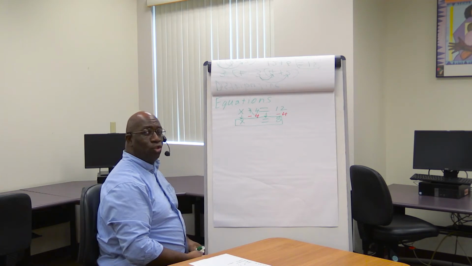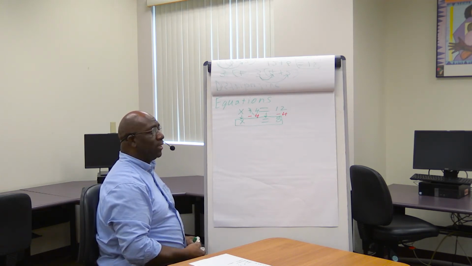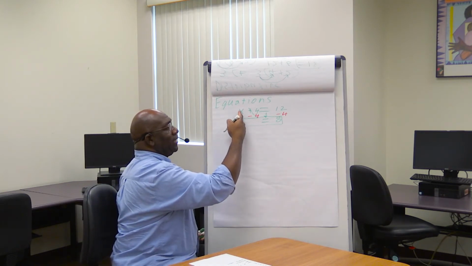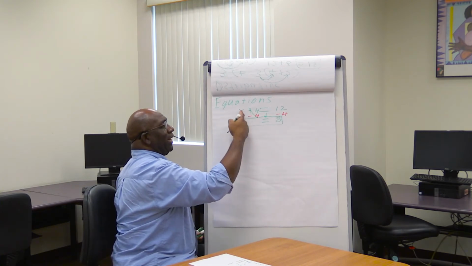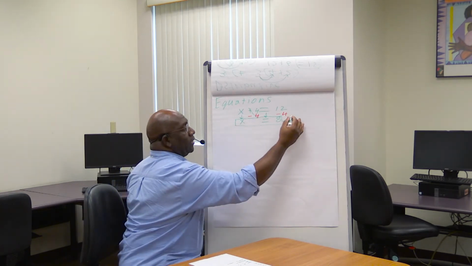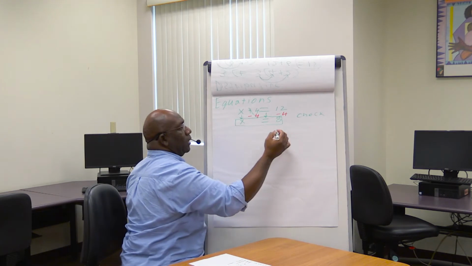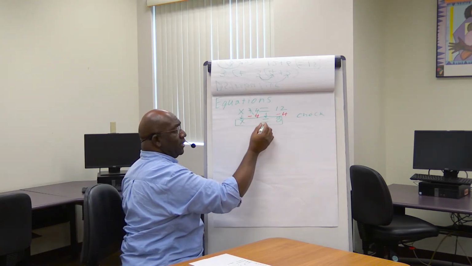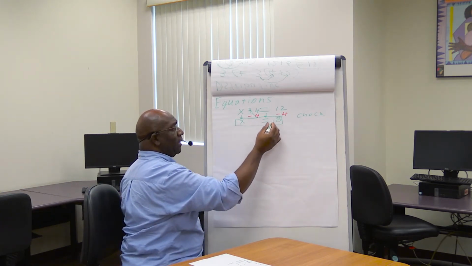Now we always check our equations to figure out if we did it correctly. So here's my check. If I say x is equal to 8, then I substitute that 8 for x and see if my equation is true. So this is how we check. Substitute 8 for x, because if x is equal to 8, then I should be able to substitute 8 for x.